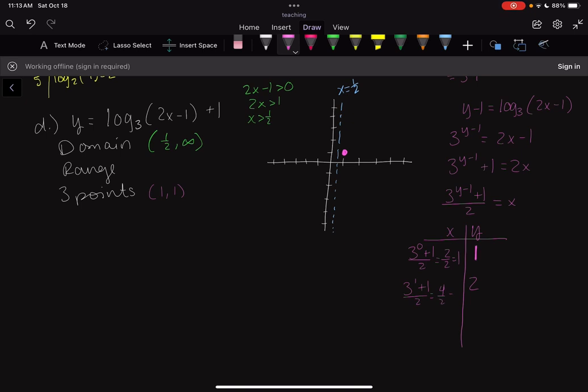So 4 over 2, so 2. So I get the point 2, 2. And I can plug in something else that's bigger. So 3, so this would be 3 squared plus 1, over 2. This gives me 10 over 2, so 5. So I get the point 5, 3 for this one.